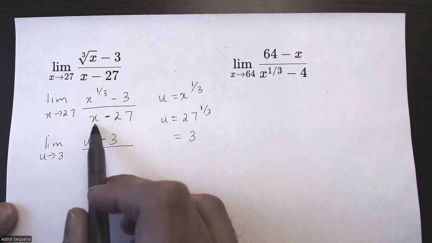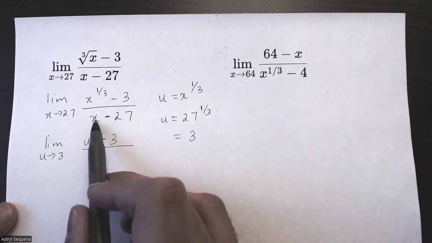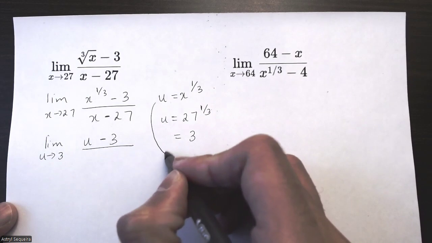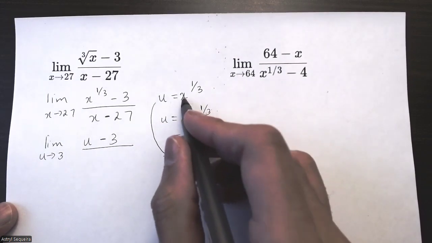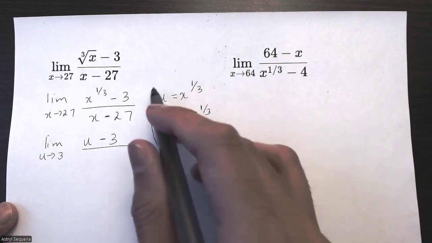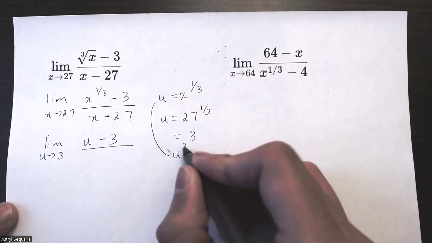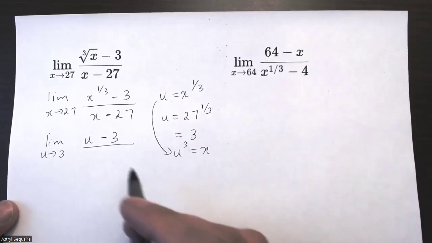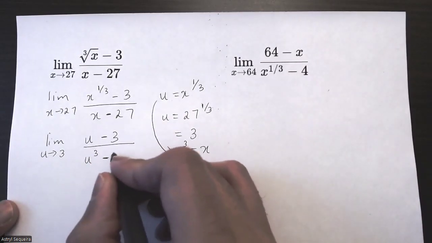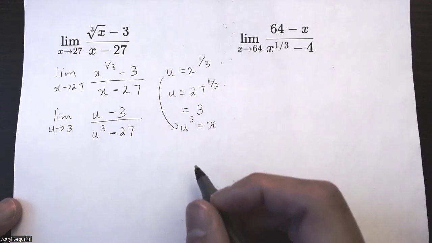And then over here, I need to figure out what I can replace x with. So I'm going to go to this equation here and isolate the x. To isolate the x, I have to move the exponent to the other side. If I move this to the other side, it becomes u to the power of 3 equals x. So over here, now I can replace this with u cubed minus 27.